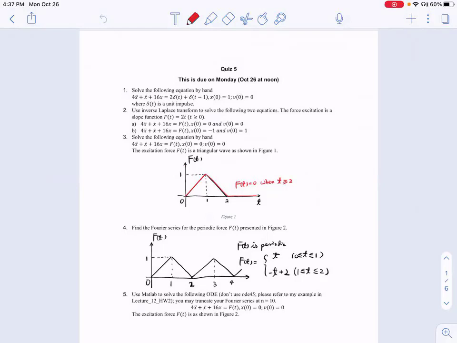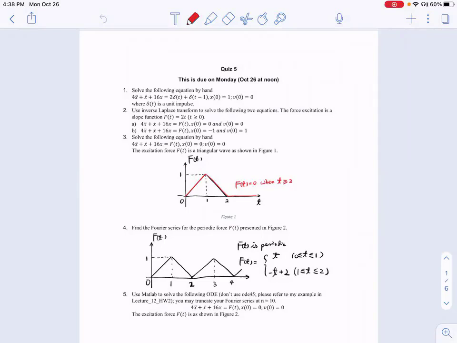Something I can assure you is that quiz 5 is the upper limit in terms of difficulty for exam number 3. So your exam 3 won't be harder than this. If you understand how to solve all of these questions, then I think you're going to get 100 points in exam 3.